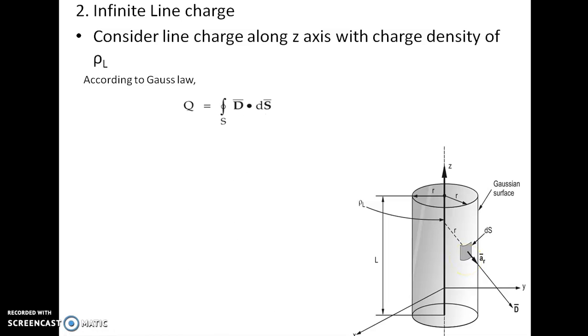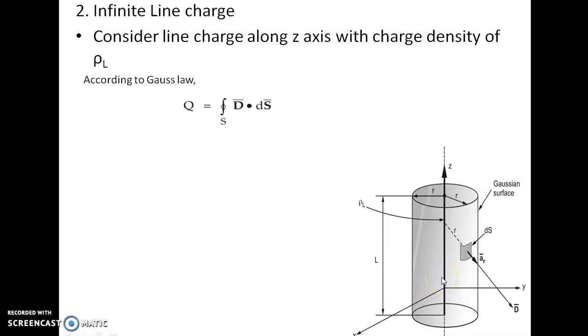Now according to Gauss law, Q is equal to the surface integration of D dot dS. But the cylinder has three parts: the side of the cylinder, the top surface, and the bottom surface.